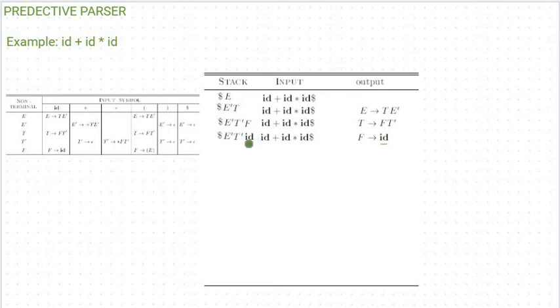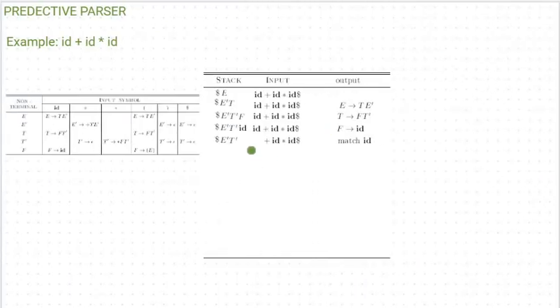Now what happens? In the stack's topmost you have a terminal, and the current pointer is a terminal. Now you just compare it. Since it matches, you have to remove it. Now the current pointer will be pointing to the next symbol, that is plus. Fine.